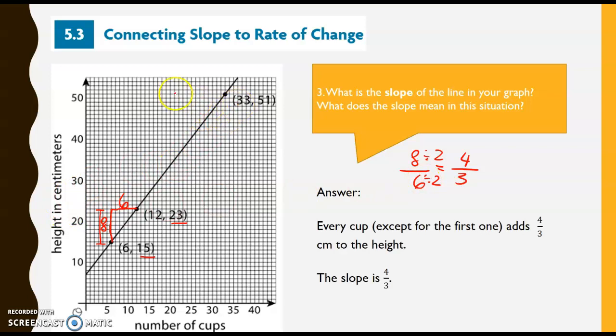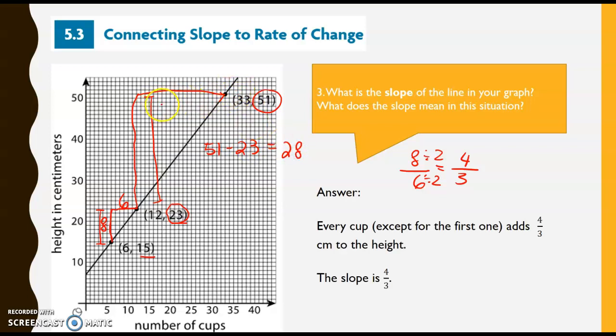And I can double check with the other point. So all the way, rise over run. Your line should be straight, unlike mine. But if there are too many boxes to count, you can do the same thing. The rise right here, your letter to go up, is your y. So what's the difference between 51 and 23? 51 minus 23 is 28.